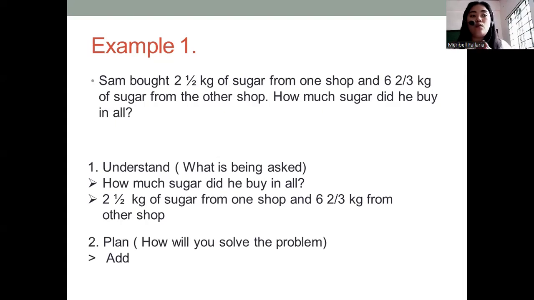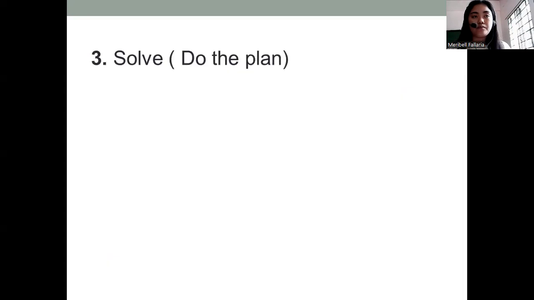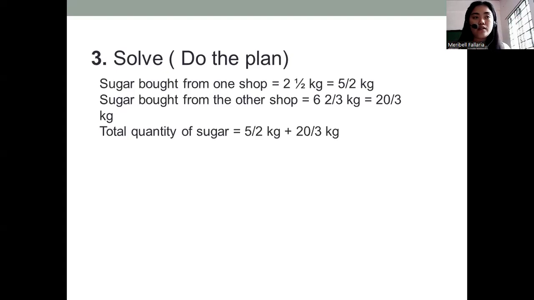We're going to add to find out how much sugar Sam bought. Okay, so now let's do the step. We're going to solve, do the plan. As you can see, the sugar from one shop is 2 1/2 kilograms.